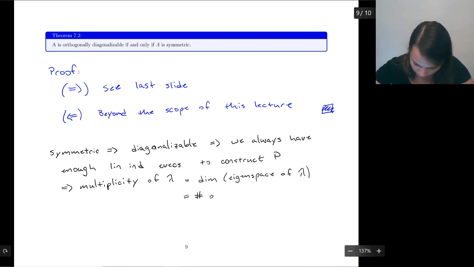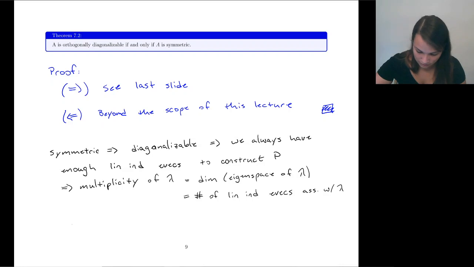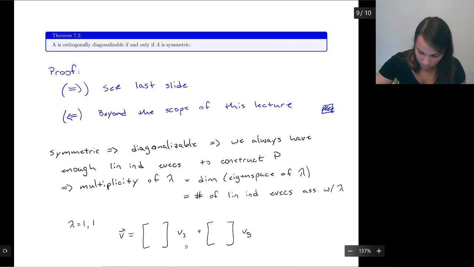So the number of linearly independent eigenvectors associated with lambda. Because, right, when you solve it out, like lambda equals 1 and lambda equals 1, hopefully you're going to get v equals something, and then that plus maybe like v5 or something.